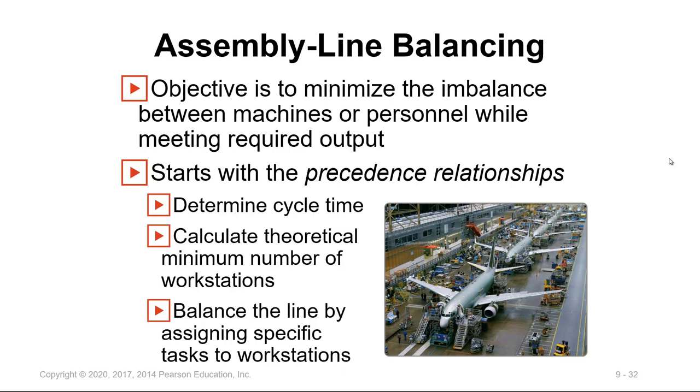In the product-oriented layout, and especially in the assembly line, it's very important to maintain the balance between the machines or personnel while meeting a required output. The balance starts with the predecessors relationship, where we need to determine the cycle time, then calculate the theoretical minimum number of workstations, then balance the line by assigning specific tasks to workstations.